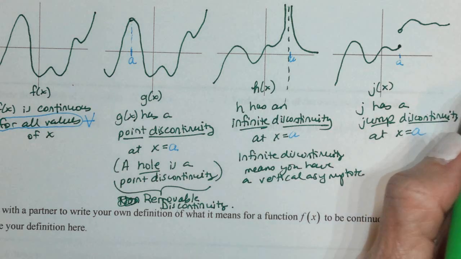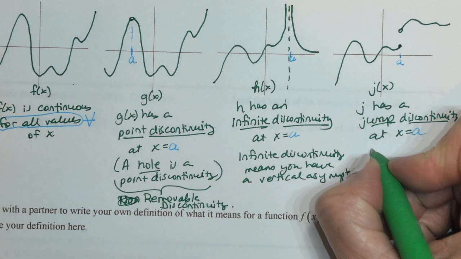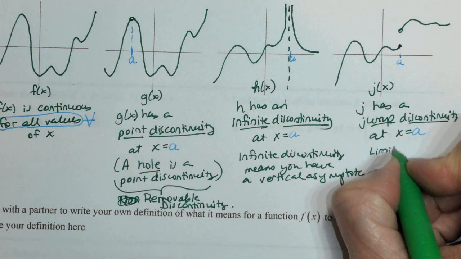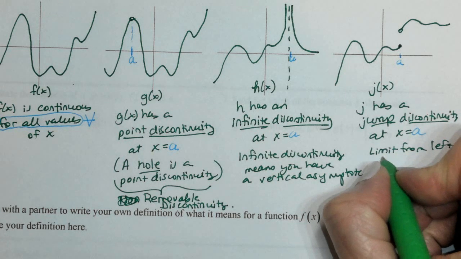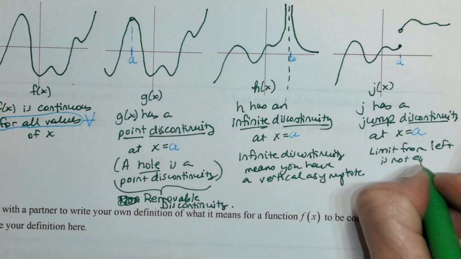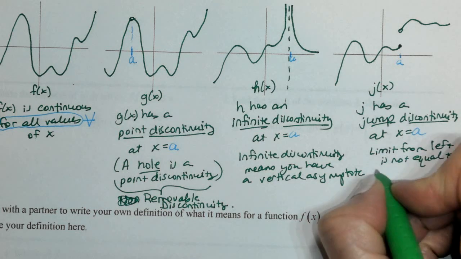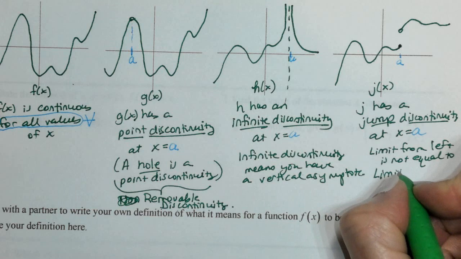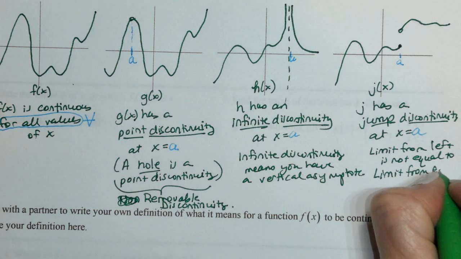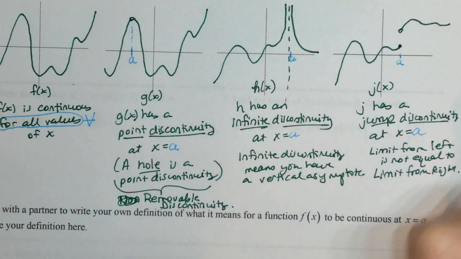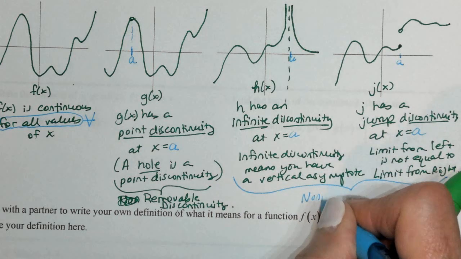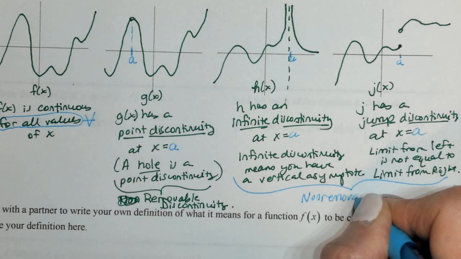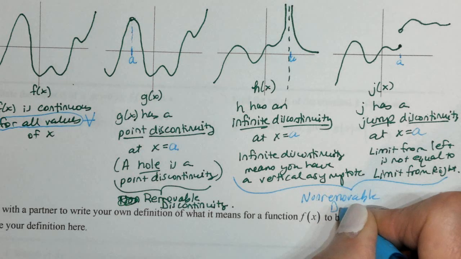In fact, let's write that down: the limit from the left is not equal to the limit from the right. And these are both types of non-removable discontinuities.